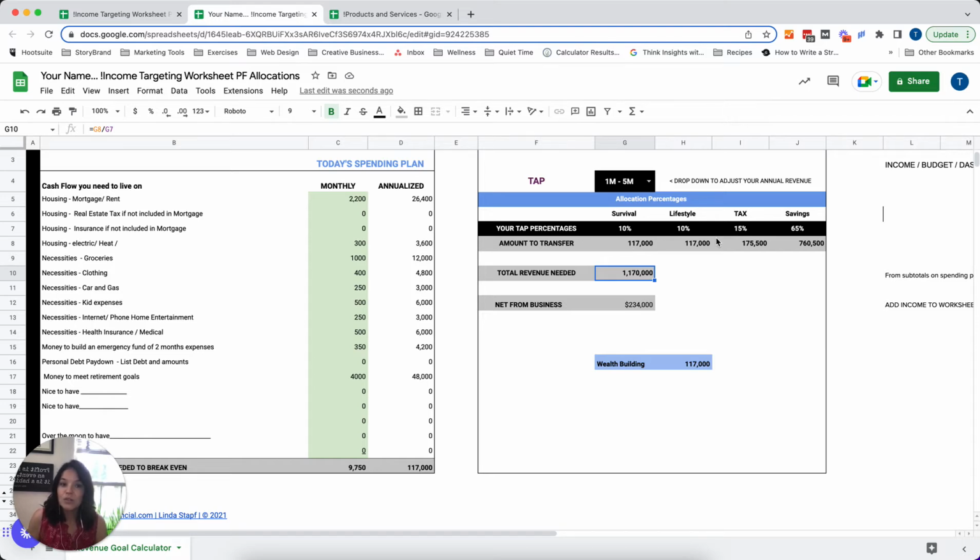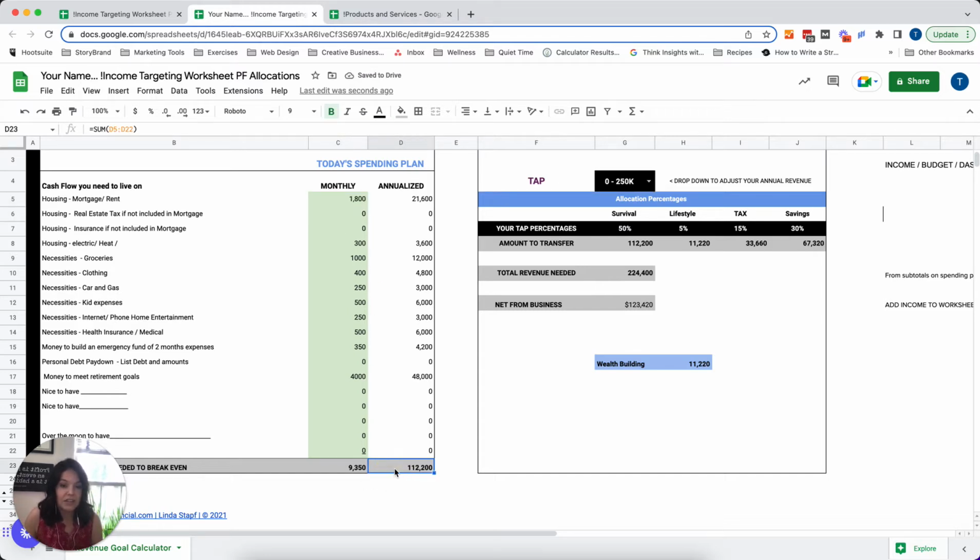Your business needs to generate $1.1 million in order for you to take home $117,000. Now you'll notice that the wealth building changes significantly as you change revenue categories. So 117 is not always the number. That will change according to what you put in this field over here.